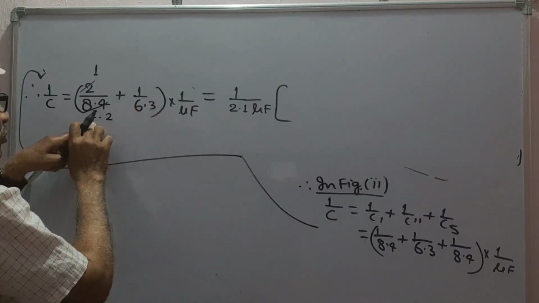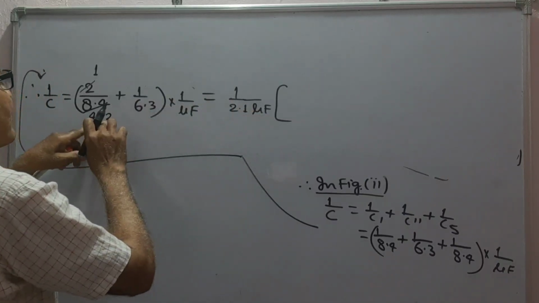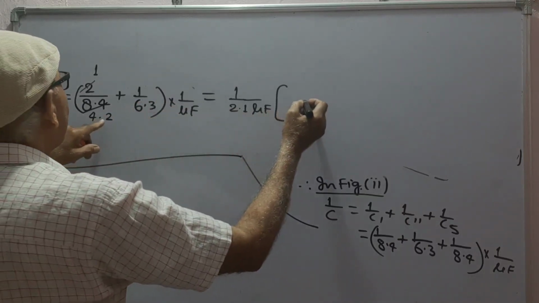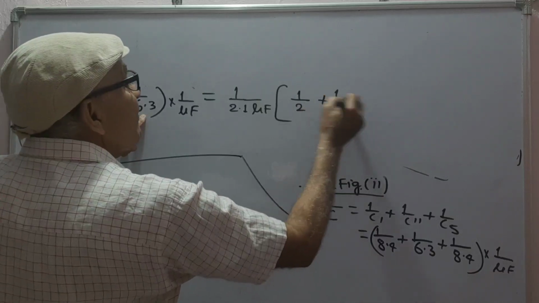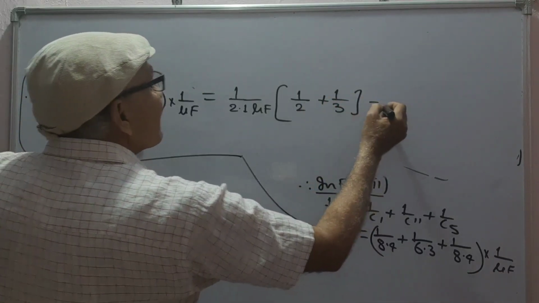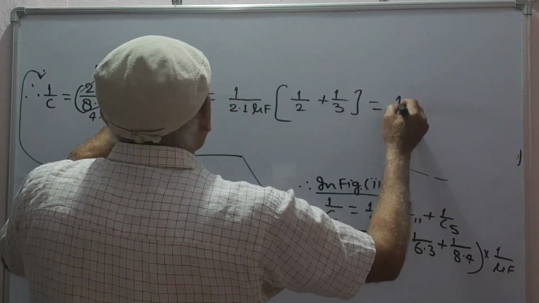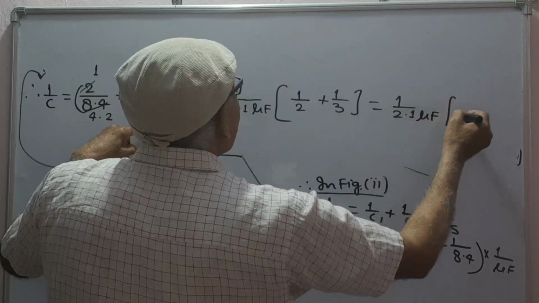Now 2.1 microfarad is common to both, so we get 1 upon 2 plus 1 upon 3, that is 1 upon 2.1 microfarad.